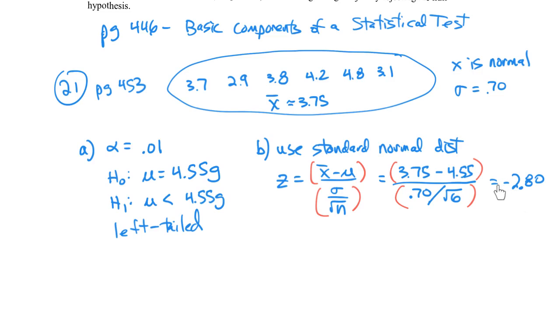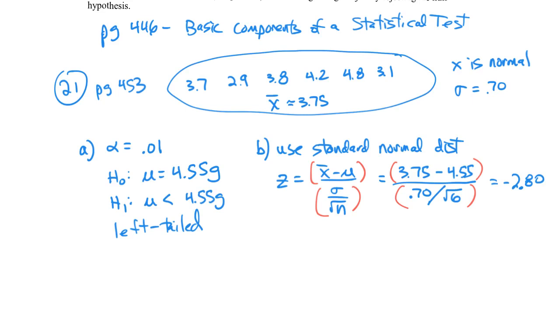This would be considered an outlier, which means when we find the p-value, it's probably going to be pretty small because this is an unusual z-score, which means that this is kind of an unusual sample if this null hypothesis is true. So as soon as you get the z-score, you have some kind of feel for what's happening.